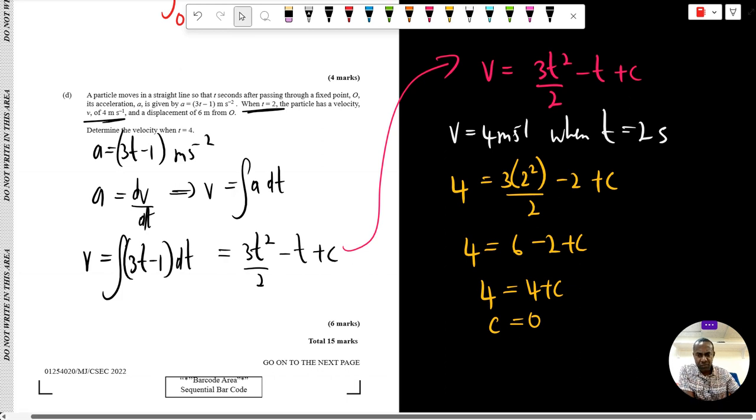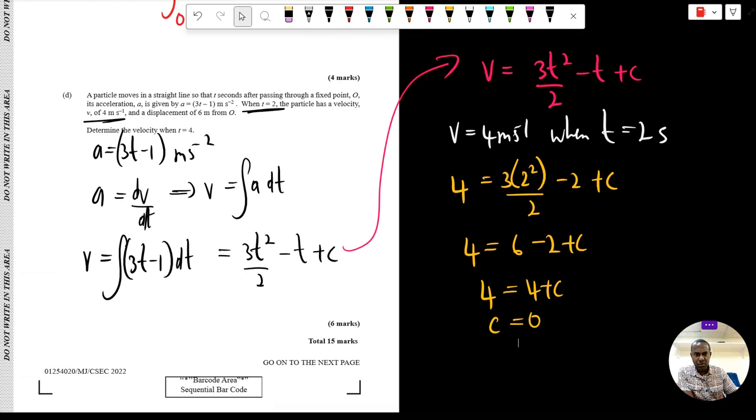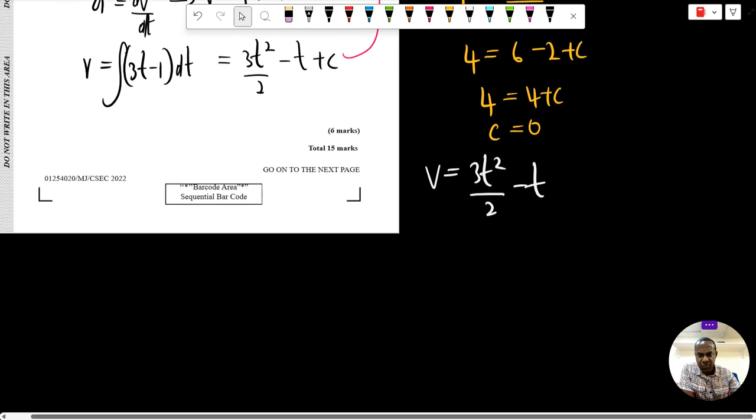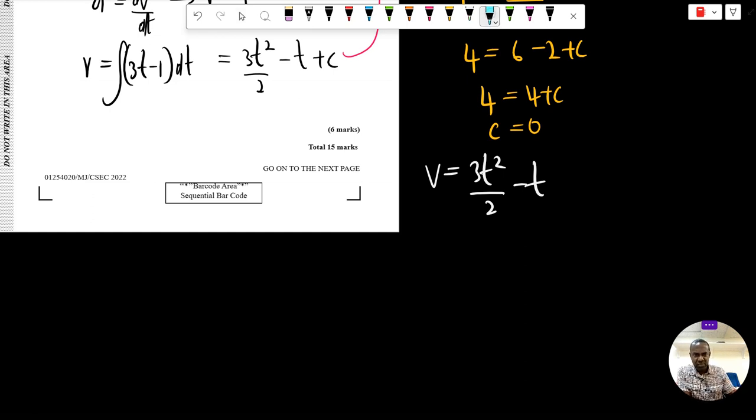Now, having found the value of c, the equation now becomes v equals 3t squared over 2 minus t. So that is now our velocity as a function of time, because we found that our integration constant is equal to 0. But the last part of the question actually wants us to find the velocity at 4.